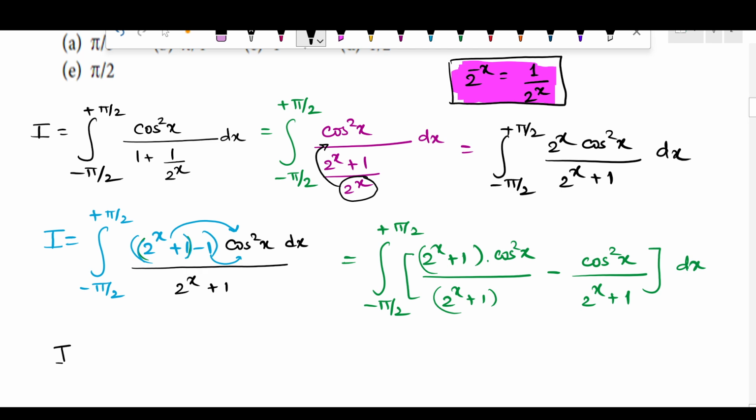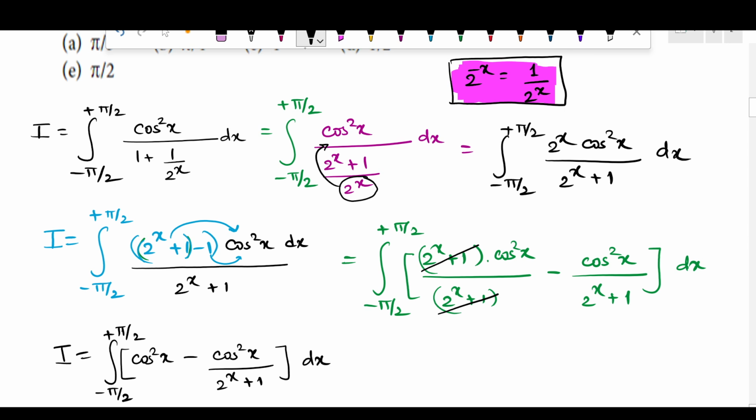Now your I becomes the integral from minus pi by 2 to plus pi by 2, this gets cancelled out, and this will be cos square x minus cos square x upon 2 raised to the power x plus 1 dx.